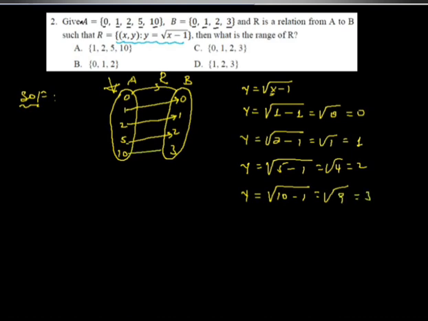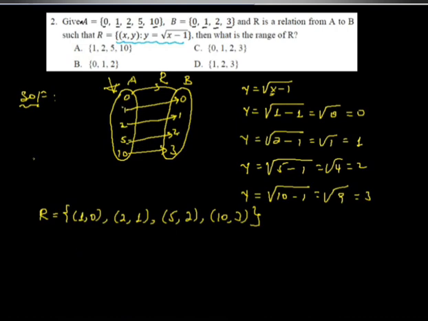So relationችን ይሄ ይሆናል ማለት ነው። So our relation will be (1, 0), (2, 1), (5, 2) and (10, 3) ይሆናል። This is our relation. Okay, 10ን with 3, 5ን with 2, 2ን with 1, 1 with 0.